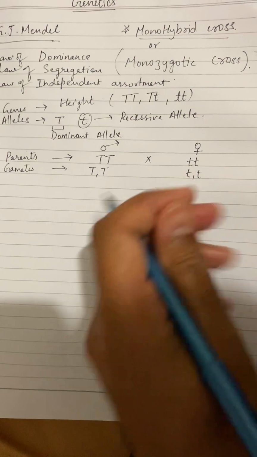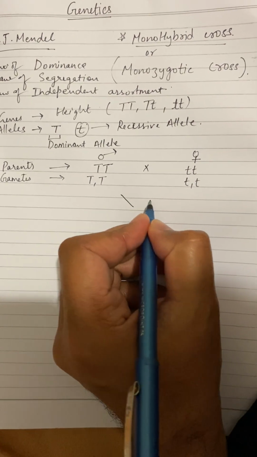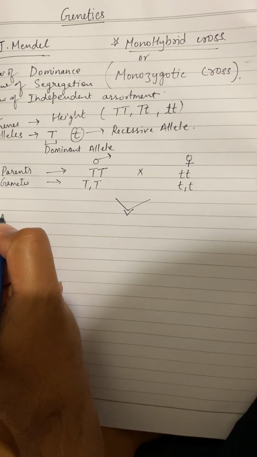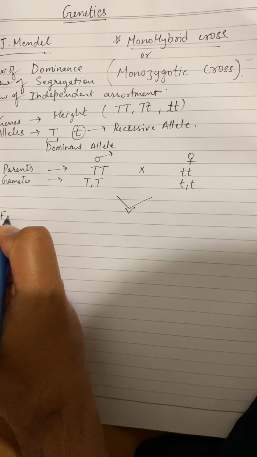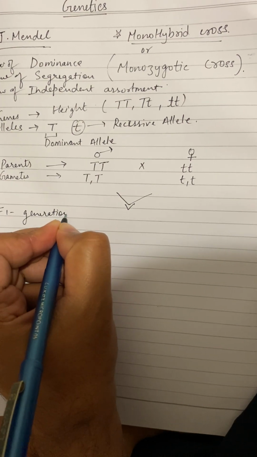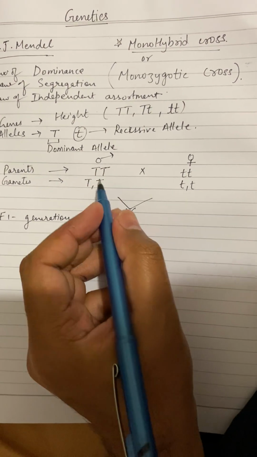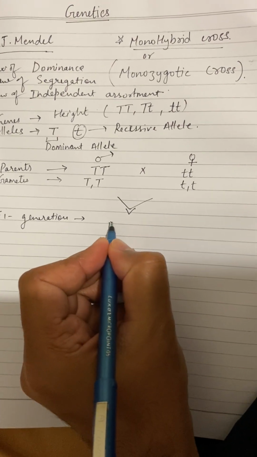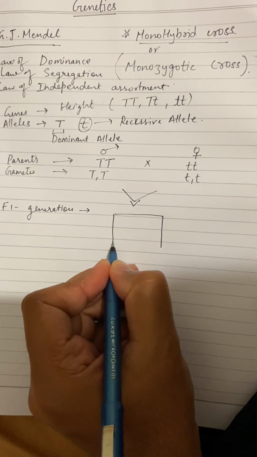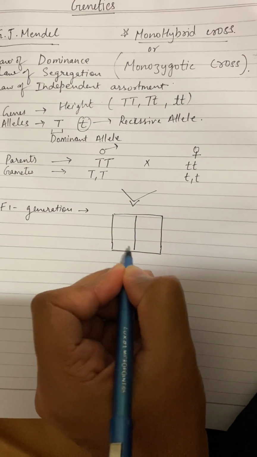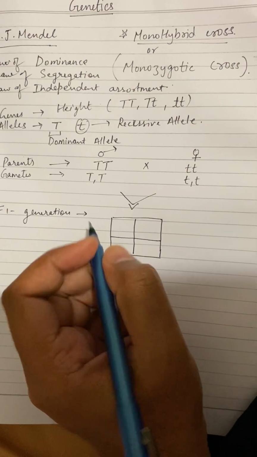If we are crossing it, there are various different methods of crossing. This will be called the filial 1 or F1 generation. There will be four progenies, and we can get the four progenies by using the Punnett square method.